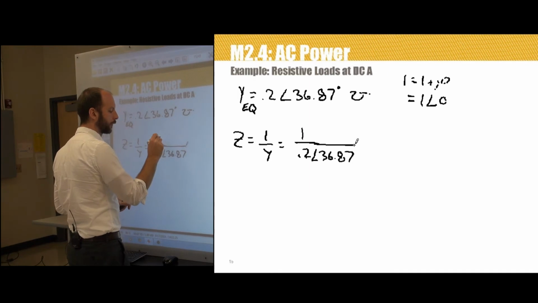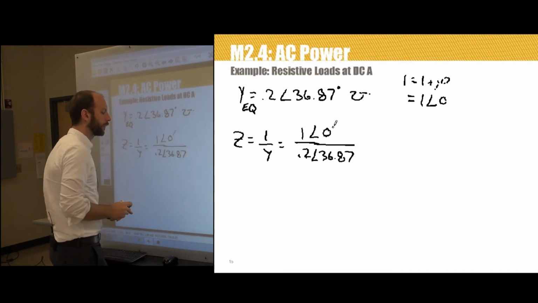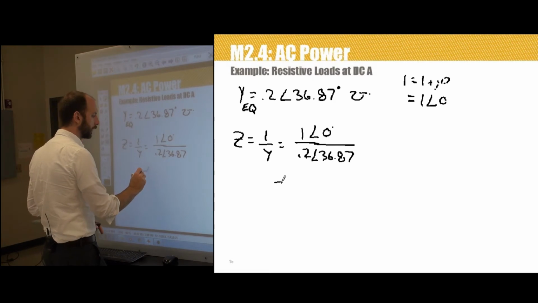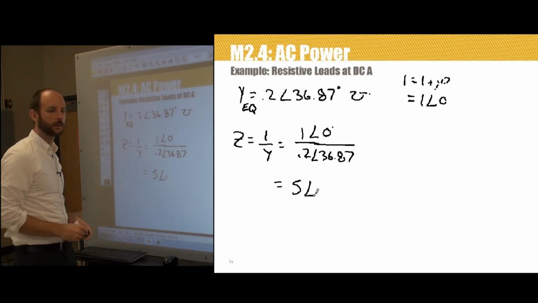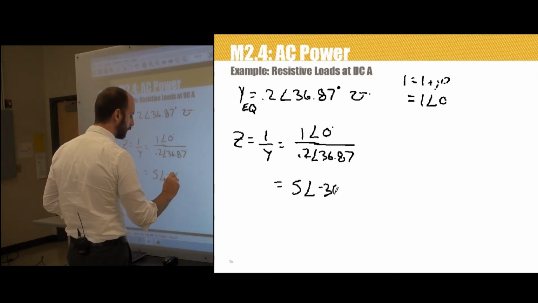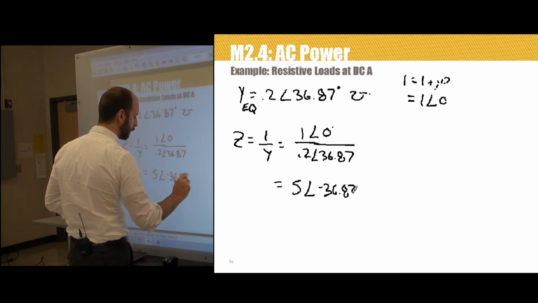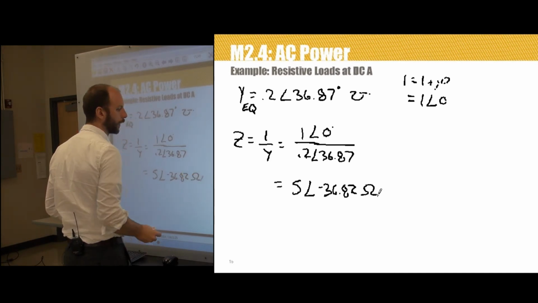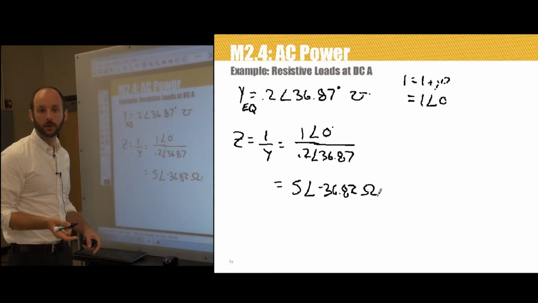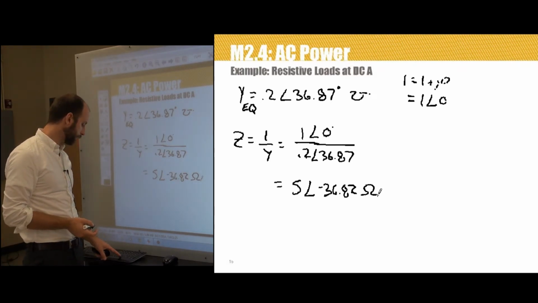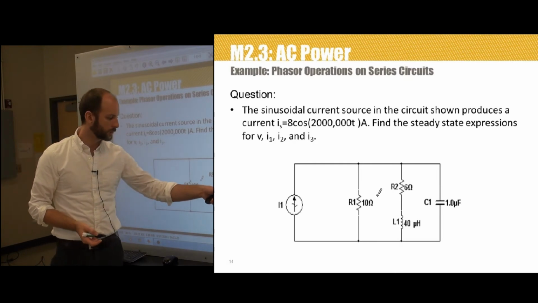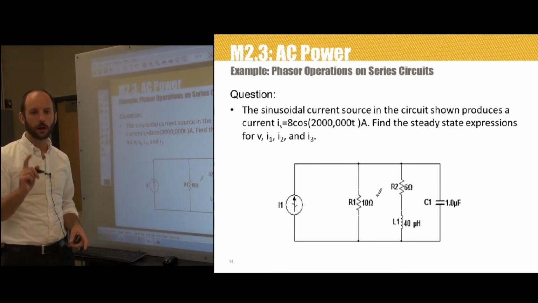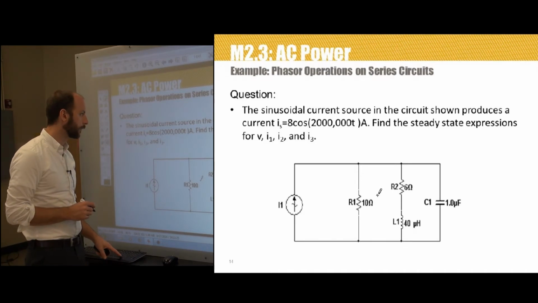So if you're confused about that, just think of 1 as 1 at angle 0 degrees. Remember, we divide the two, so Z equals 1 divided by 0.2, which is 5, and 0 degrees minus 36.87 is negative 36.87. This is an impedance, so it's ohms, right? So what is that telling us? We basically have a circuit now where we can replace all of these resistances, inductors, and capacitors with one block that's 5 at an angle of negative 36.87.